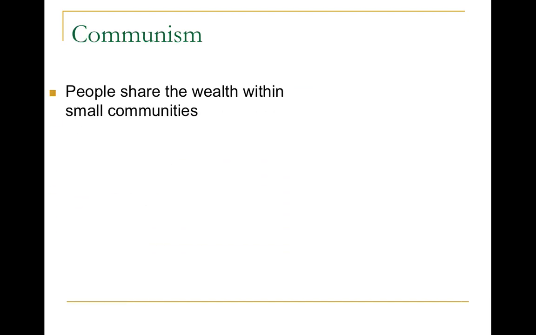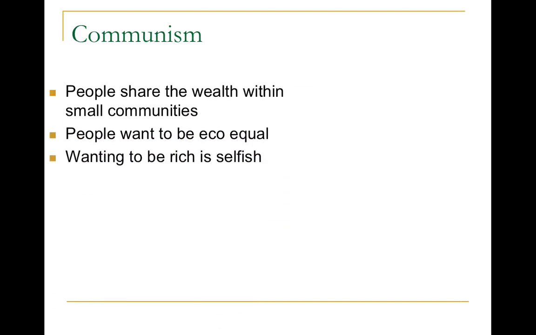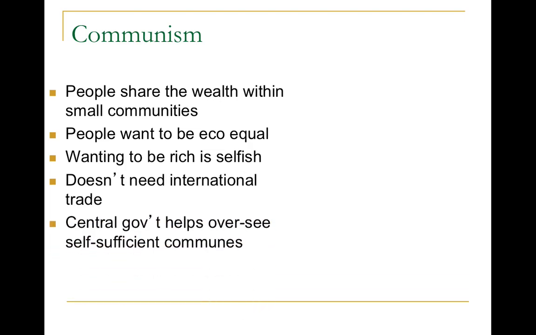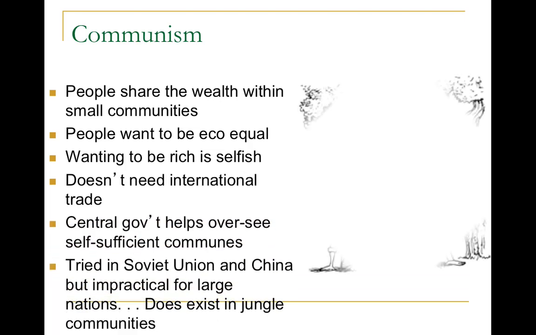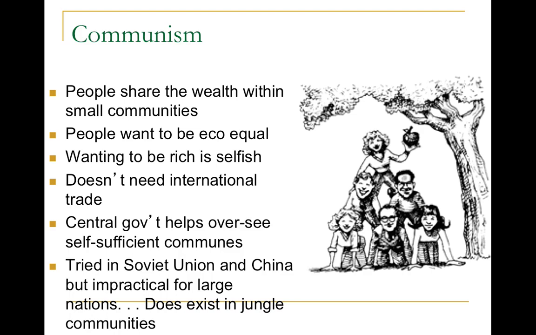And of course, what we're going to study later this year is how communism around the world emerges and becomes very popular, even though, in my opinion, communism doesn't really exist. It's when people truly and purely share the wealth. Communism doesn't really exist because the government's not there to regulate it.